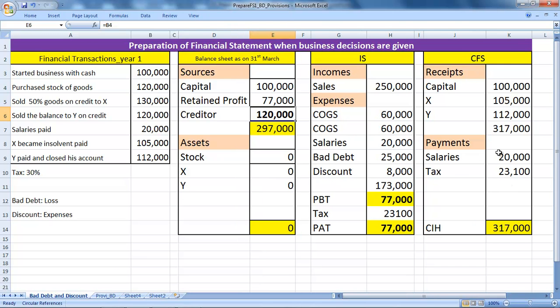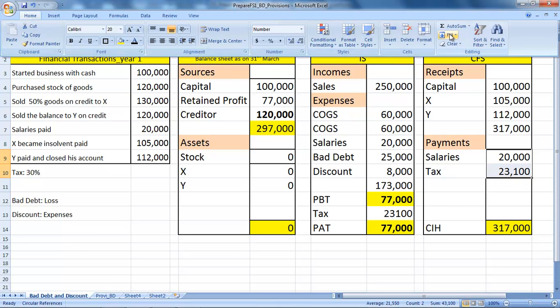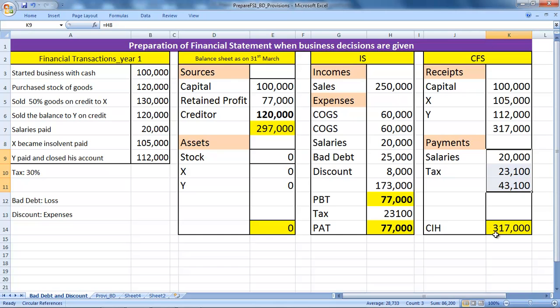Okay, now cash in hand, the total cash receipts is 317,000. Total cash payment is 43,100. So cash in hand is 317 minus 43,000, so 273,900.